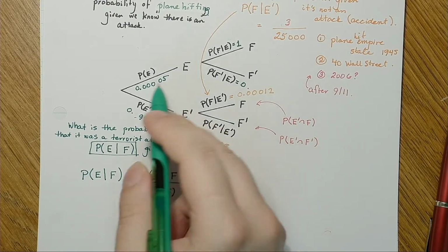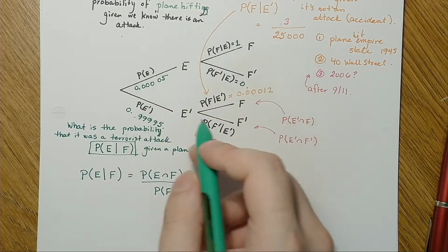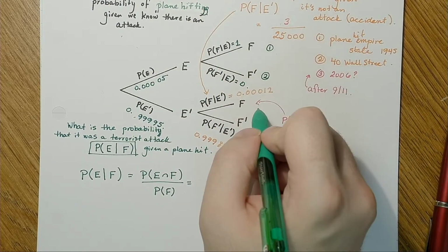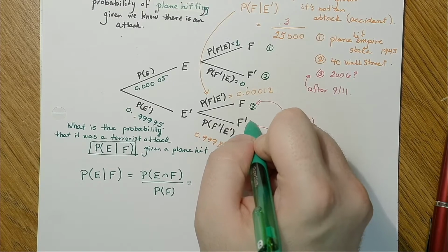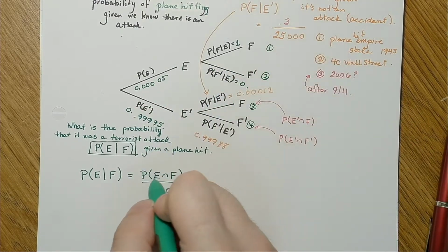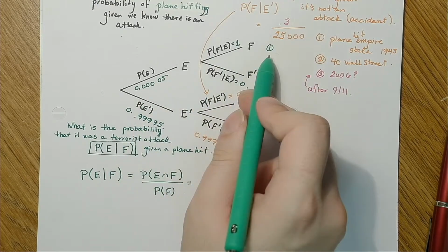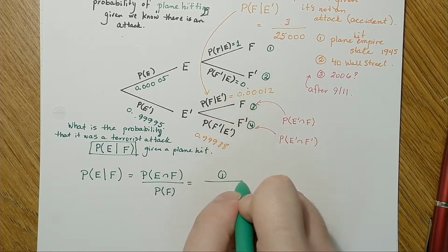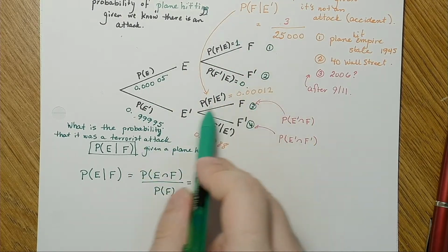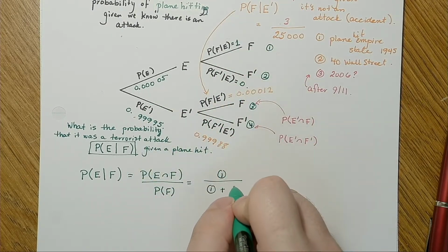So to do this, I'll just label these branch 1, 2, 3, 4, which means that I need to have the probability of E and F happening. So that's branch 1 over branch 1 plus the third branch here, because this is where F is occurring.